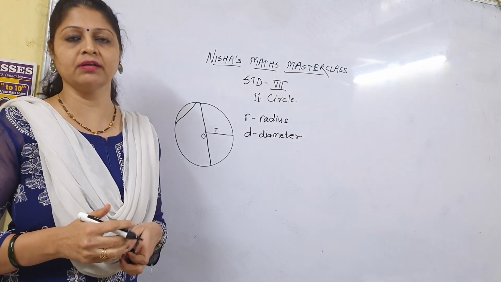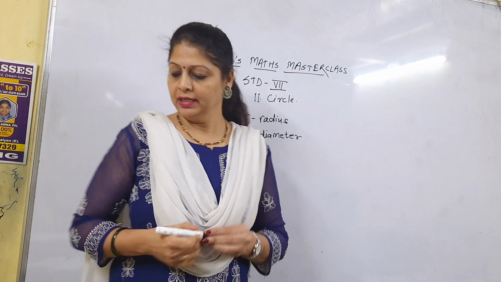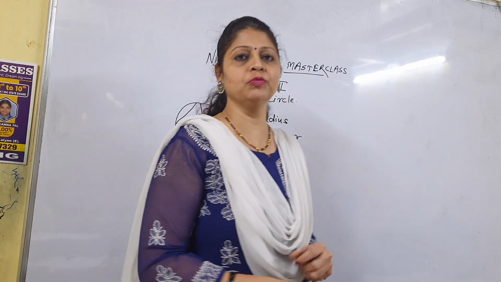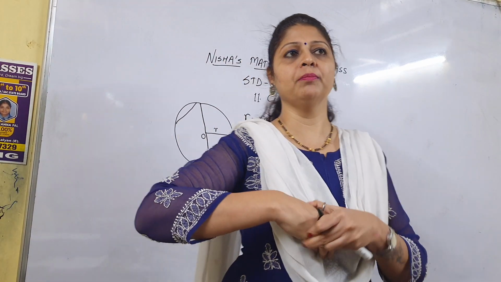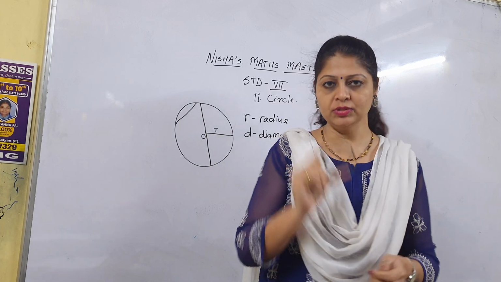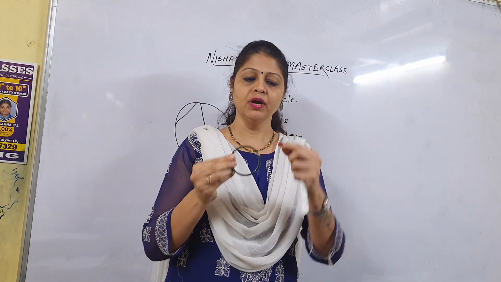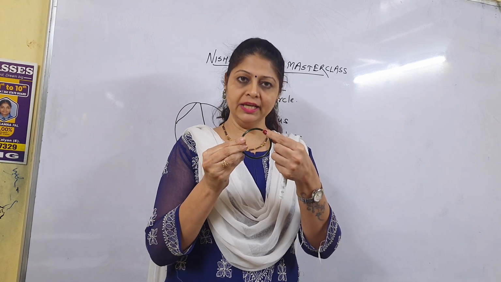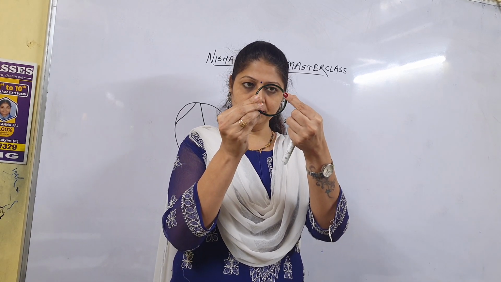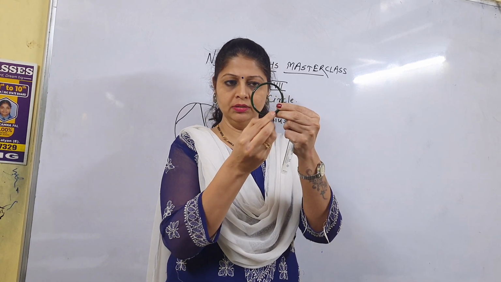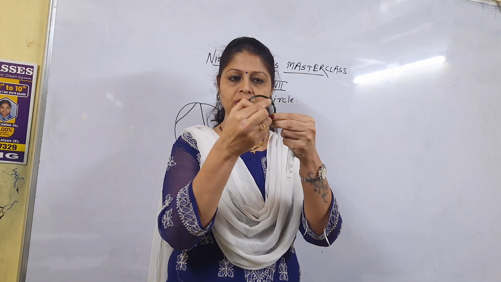Now what is meant by circumference? In your textbook, they give the example of one bangle. Take a thread, start from one point on the edge of the bangle and keep that thread along the round of the circular part.